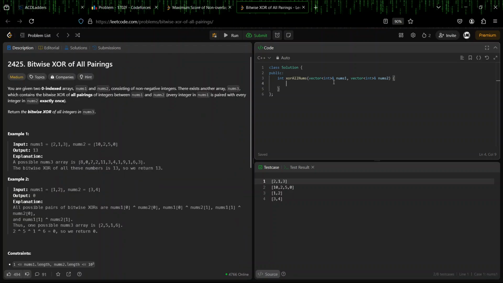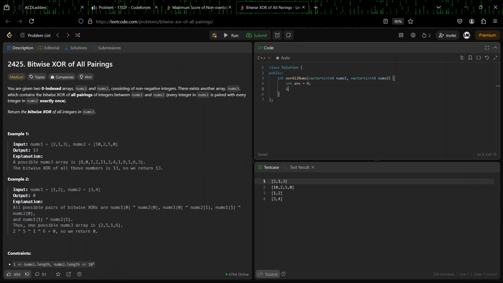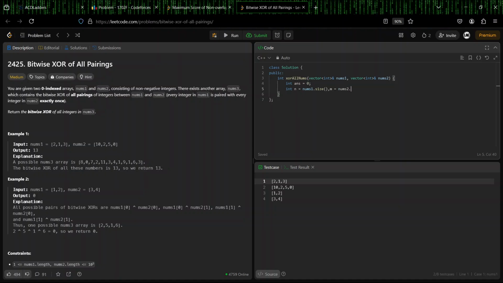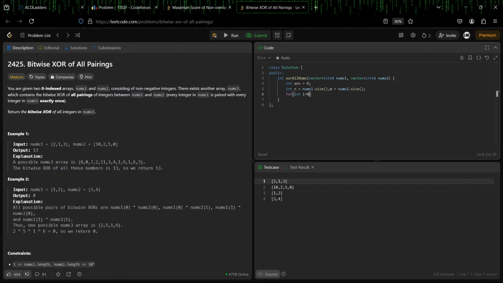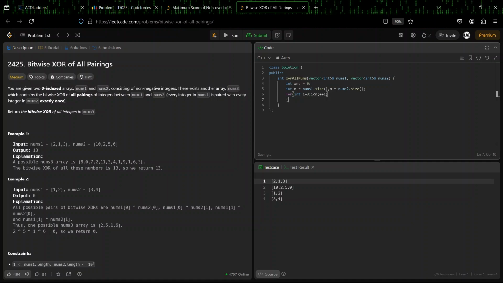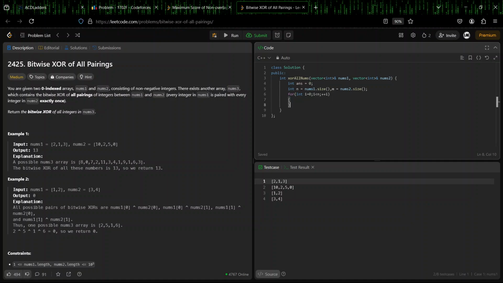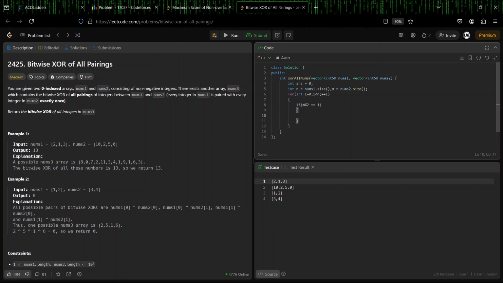So we will store an answer variable. So we will have nums1 size and nums2 size. If m is present odd number of times, then only I will consider current element in my answer.